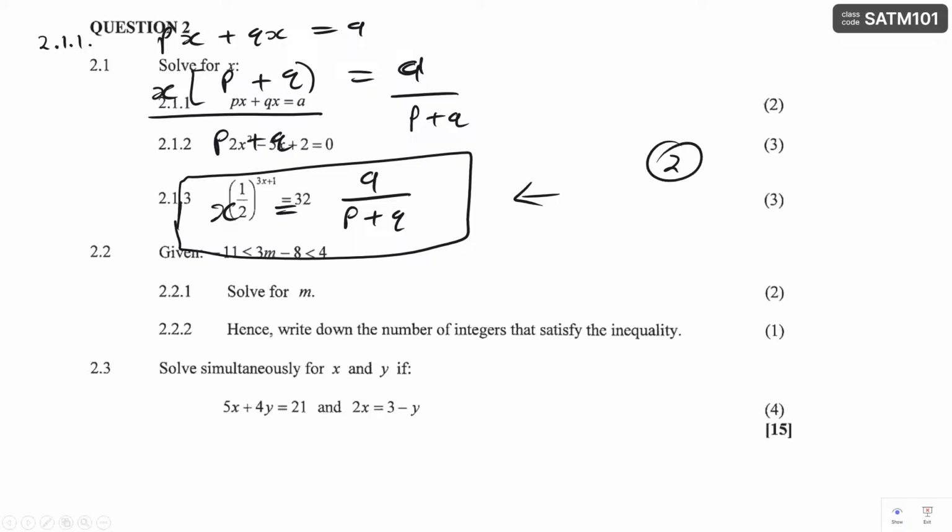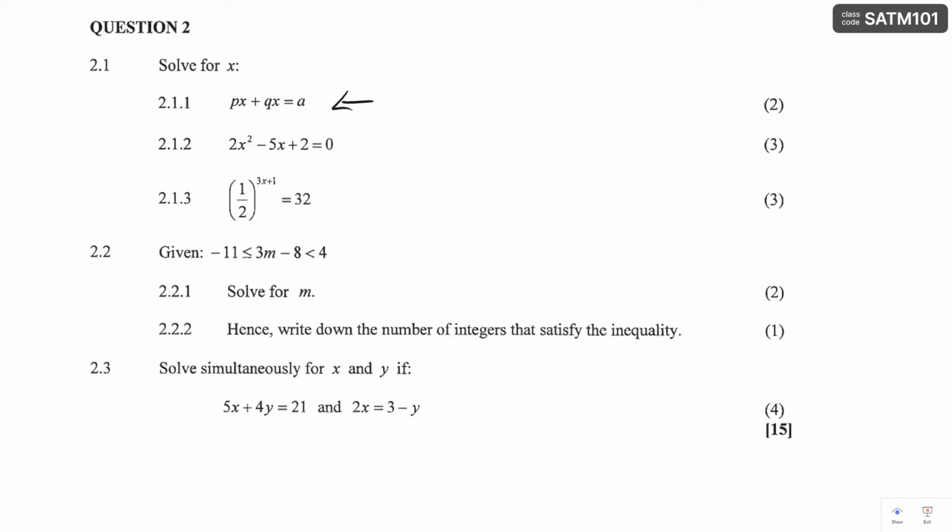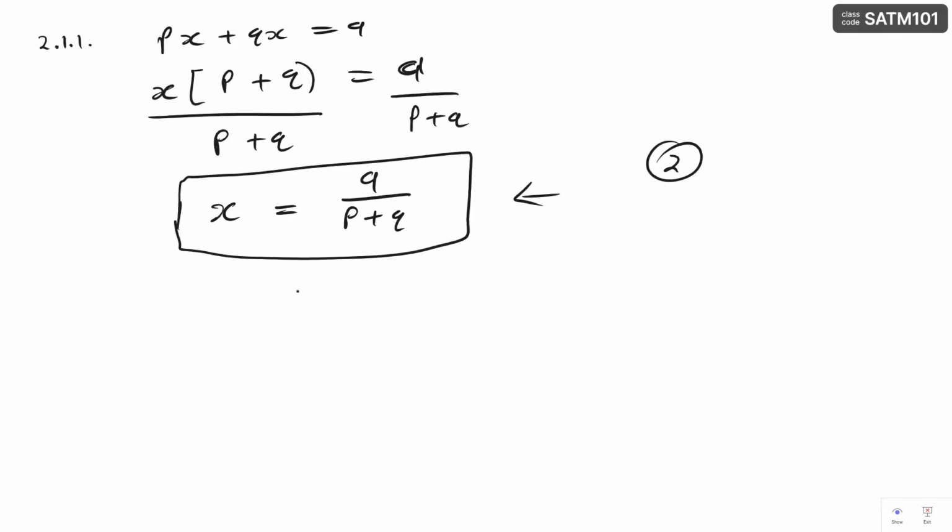So okay, let's check number 2. They said 2x squared minus 5x plus 2 is equal to 0. Solve for x. So this one, we're going to say 2.1.2. You're given 2x squared minus 5x plus 2 is equal to 0.